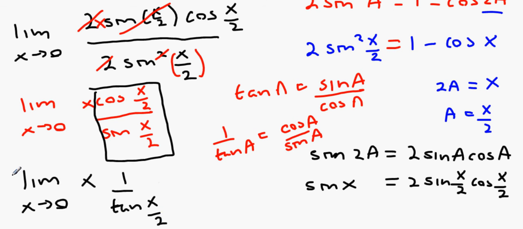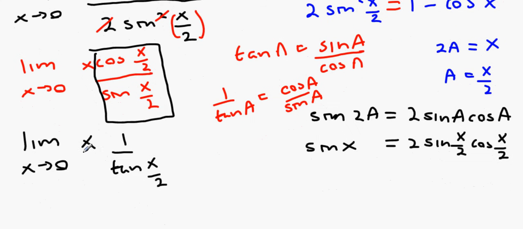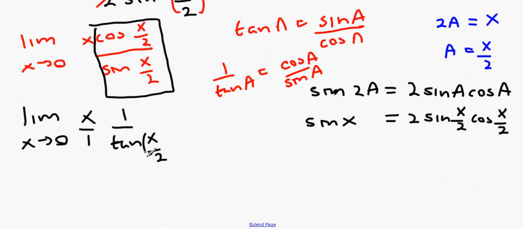Okay? Now, the problem we're seeing at the moment is that we need the angles to be the same. We need an x over 2 on top. In order to get this x over 2 on top, we need to multiply the top by a half. And if you multiply the top by a half, you must also multiply the bottom by a half.